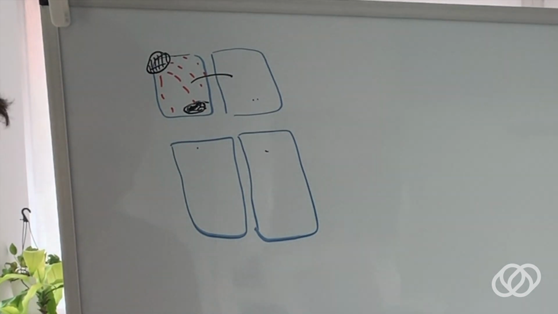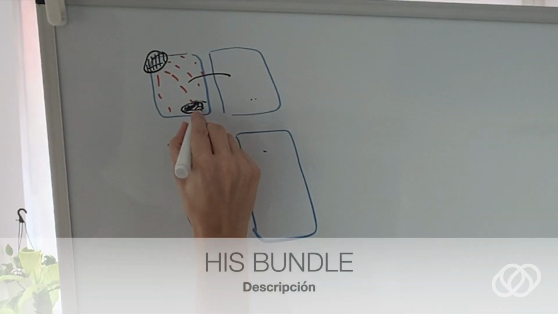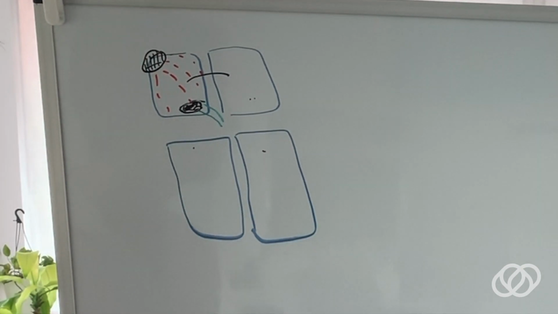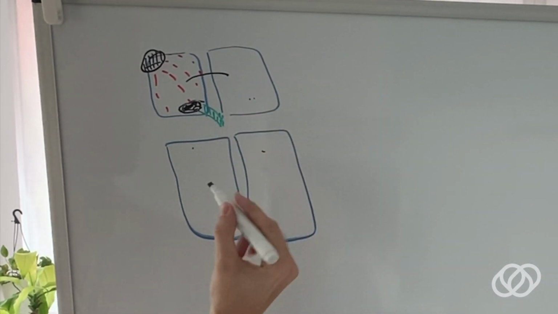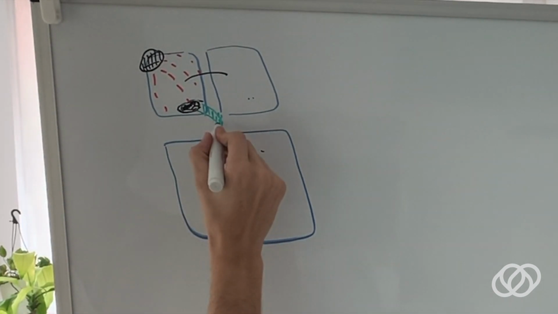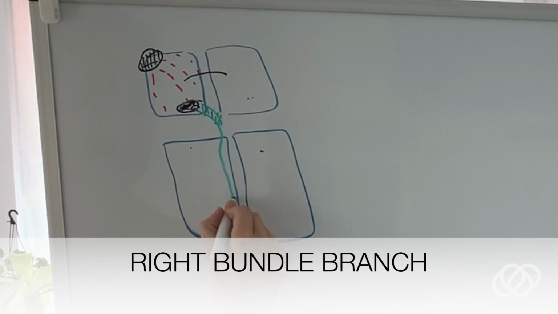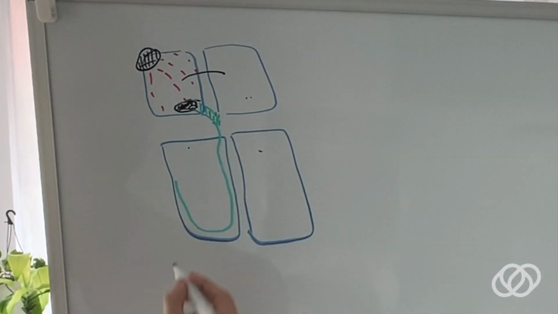It will go through what is called, I'm going to put in different color, the His bundle. The His bundle is located in the intraventricular septum. This His bundle will be divided into 2 branches. One is the right bundle branch that will go to the right ventricle.